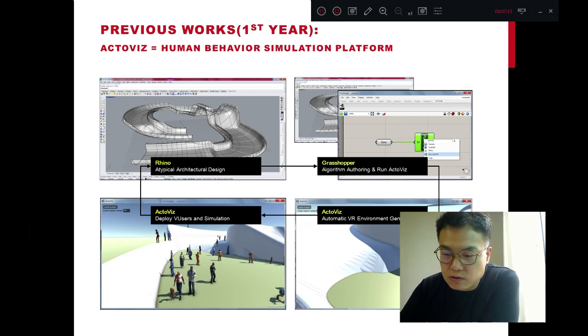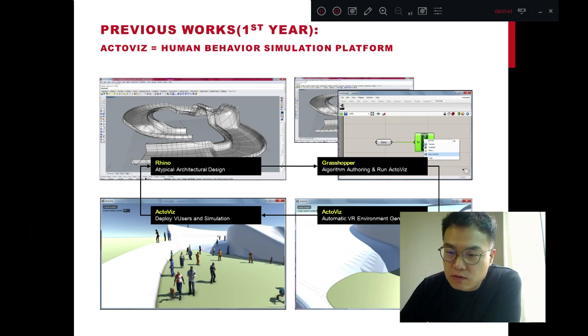This is software developed based on commercial software for atypical design called Rhino. It's very popular for designing atypical shaped buildings. And then we use Grasshopper, a parametric design tool that plugs into Rhino.